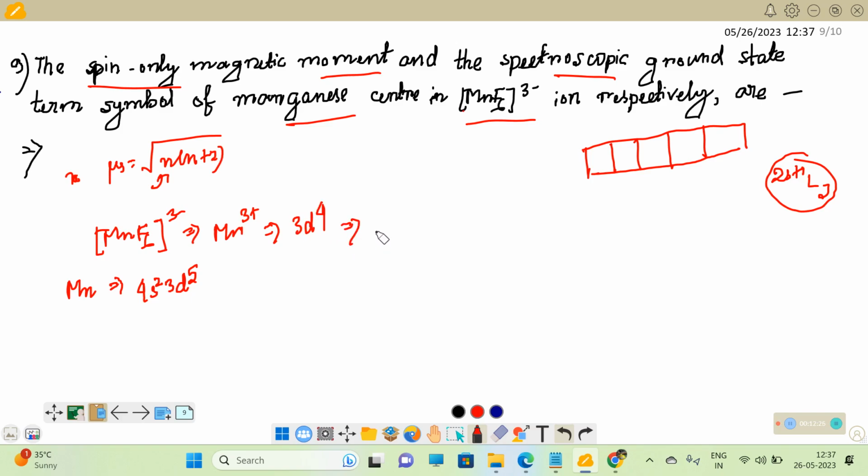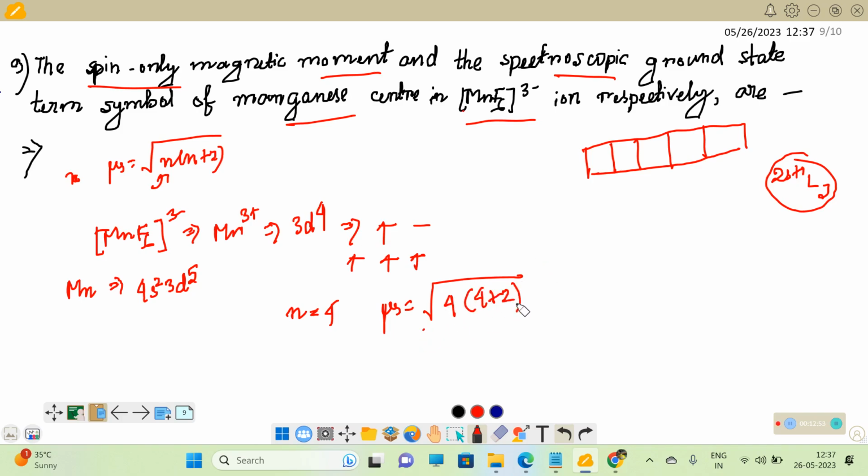So the electronic configuration will be d4 high spin, as the fluorine is there. So the number of unpaired electrons is 4. As I told, if the number is 4, the spin only magnetic moment is root of 4 into 4 plus 2.